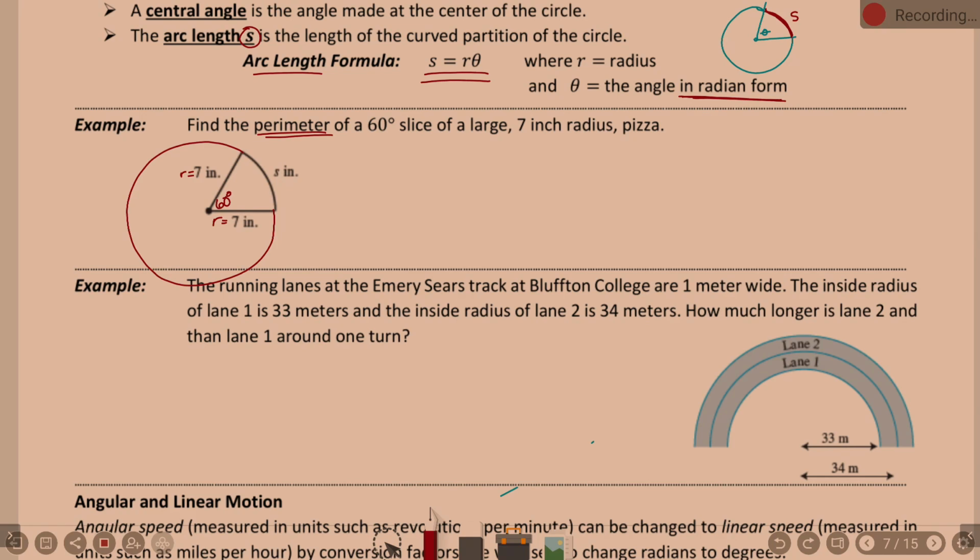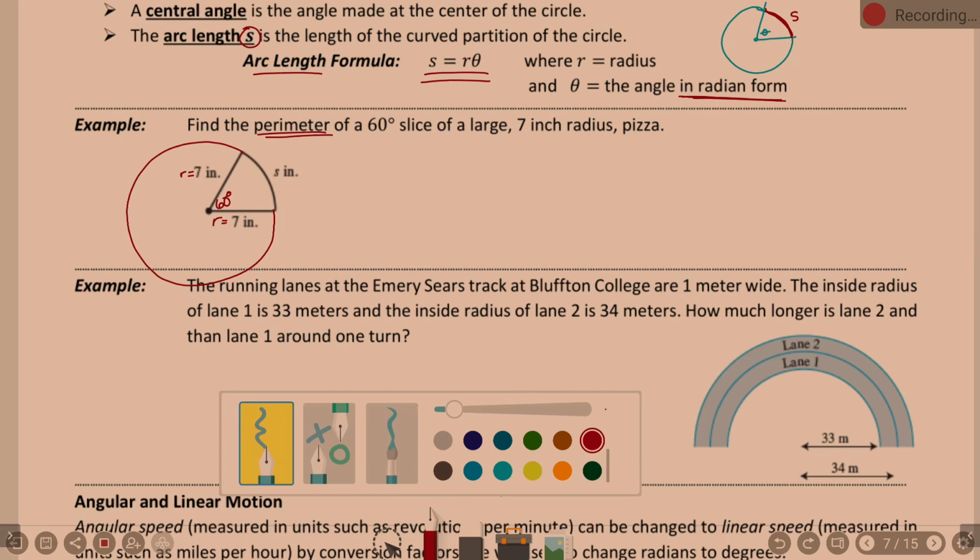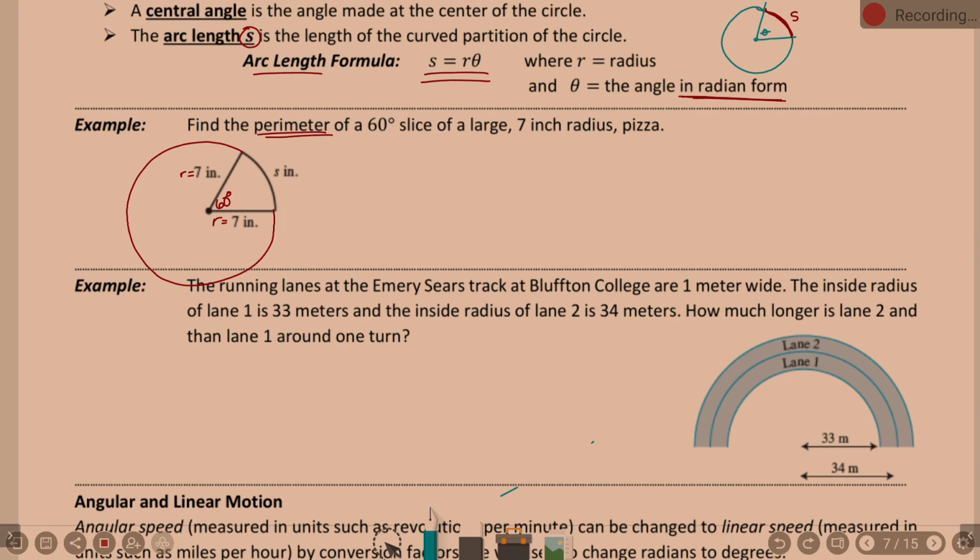Okay, now, perimeter. How do we do perimeter? Add all the sides together. So, what do we know? R is equal to 7. There's 7. What else do we know? That, 60 degrees. Okay, hold on.